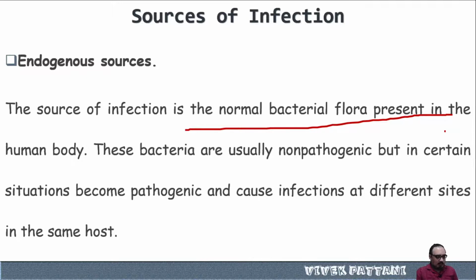As we already discussed, in the case of normal microbial human flora, when the body's immune system gets lowered, some of the bacteria which are opportunistic pathogens can infect the host.